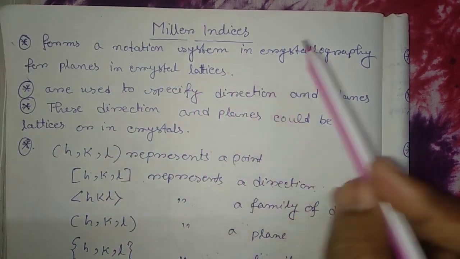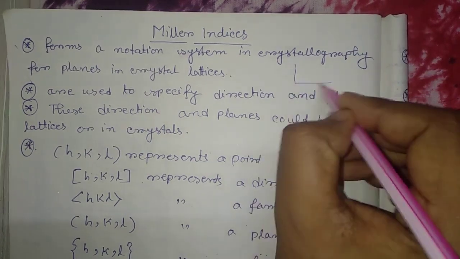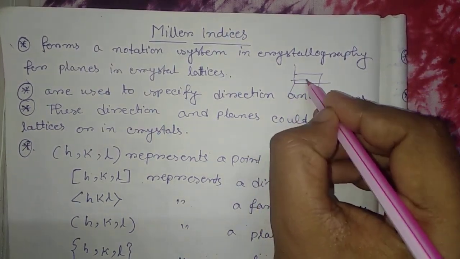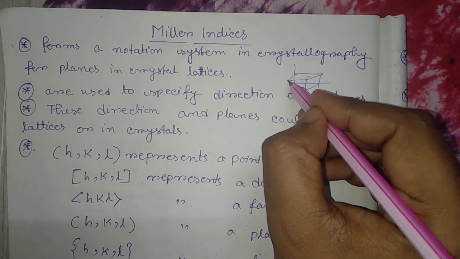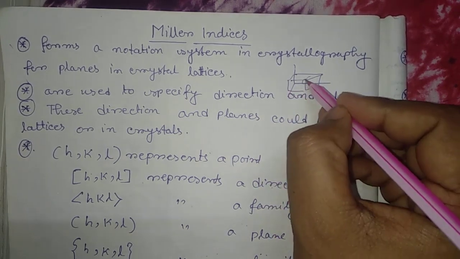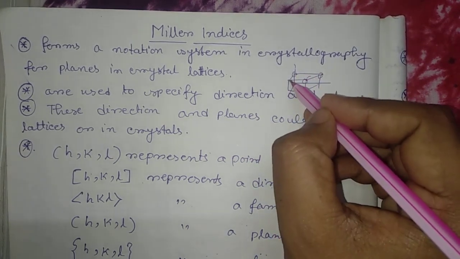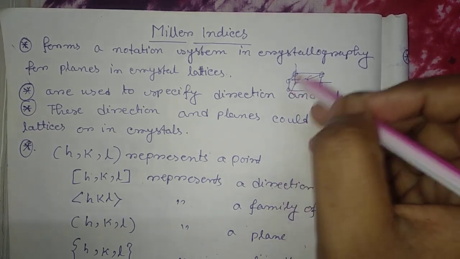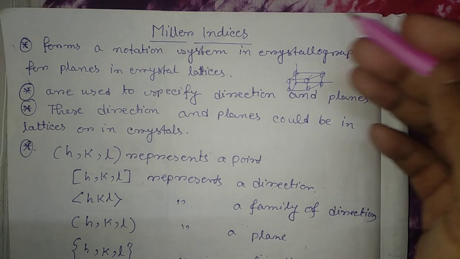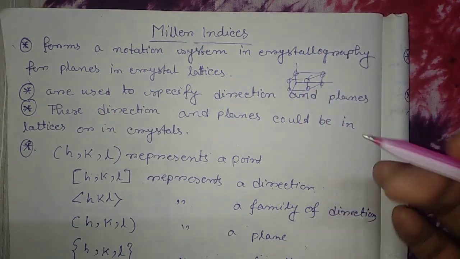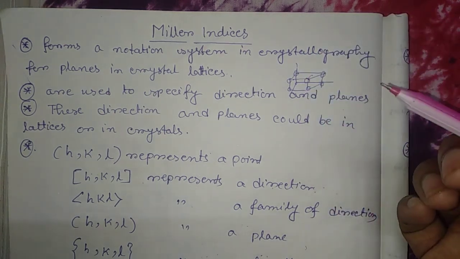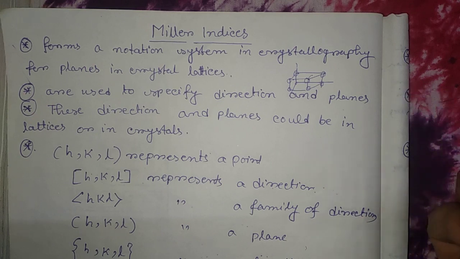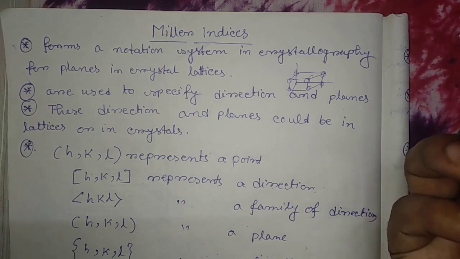So suppose this is one crystal lattice in which atoms are arranged, taking a cubic shape. In a lattice, how the atoms are arranged gives a particular notation system of a plane.